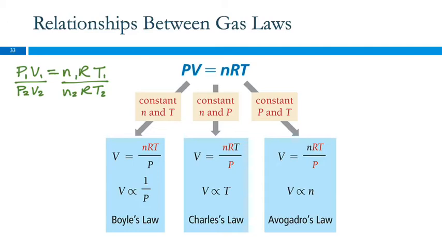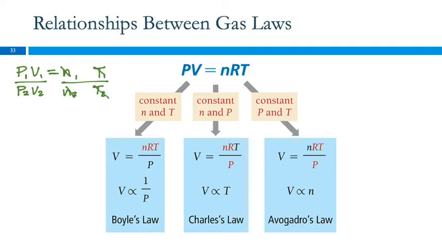And to get any of the other gas laws, all we have to do is cross out the things that are not changing. So R never changes, so we can cross out R. If we want to get Boyle's law, where N and T are constant, then we can cross out N because N1 is equal to N2, and we can cross out T because T1 is equal to T2.